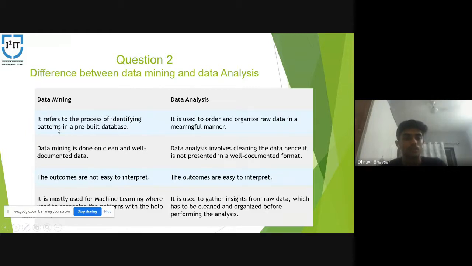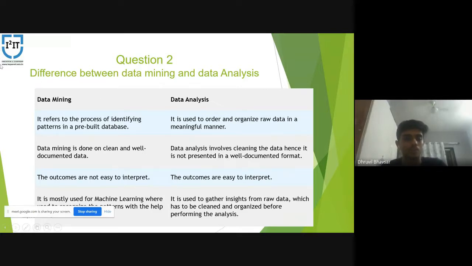The first point: data mining refers to the process of identifying patterns in the pre-built database. And data analysis is used to order and organize the raw data in a meaningful manner. So mining is only collecting the database, and analyzing is to organize the raw data given in a meaningful manner.